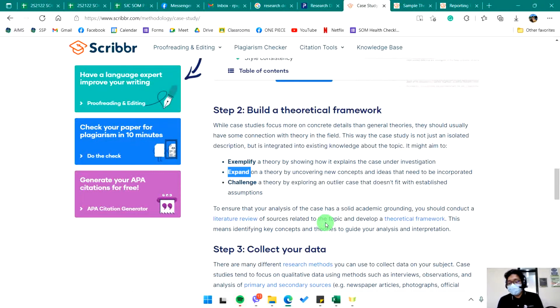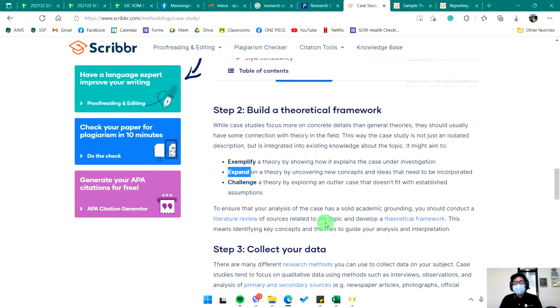doon sa topic ninyo, hahanapin ninyo ngayon yung parang pinaka root cause ng problem, bakit nagkakaroon ng racial and gender prejudice, papaano natin masasabi na racial and gender prejudice na siya, ano yung mga factors na kailangan natin i-consider before saying that this situation is an example of racial and gender prejudice.